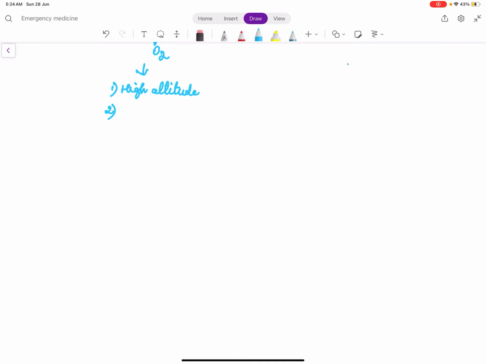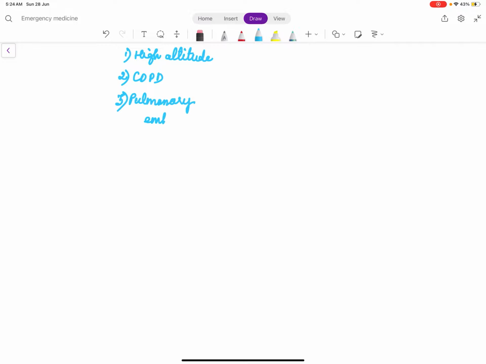Next is again respiratory diseases or airway diseases which cause low oxygen. Maybe you can tell diseases, like airway diseases which we have discussed, like COPD, bronchiectasis, etc. Third place where oxygen is low in the blood is pulmonary embolism.